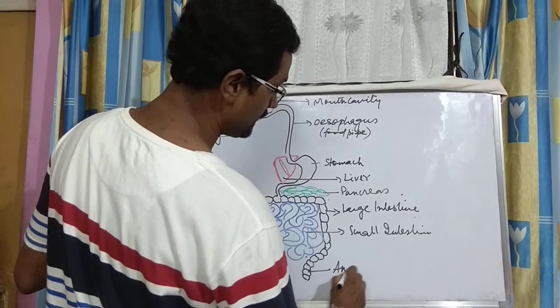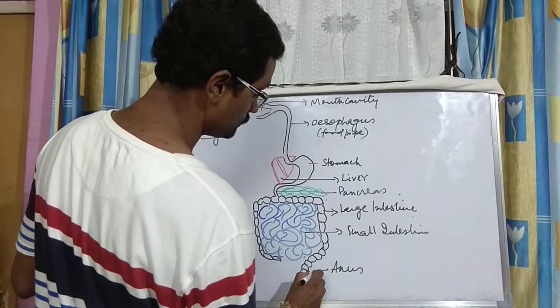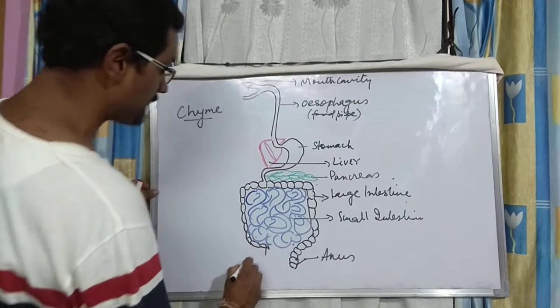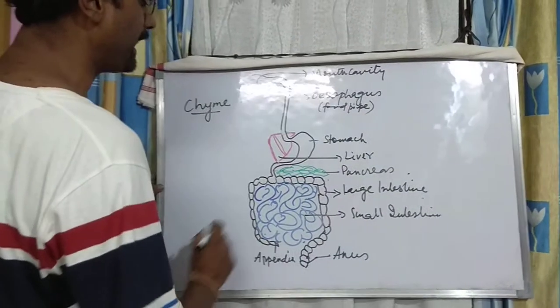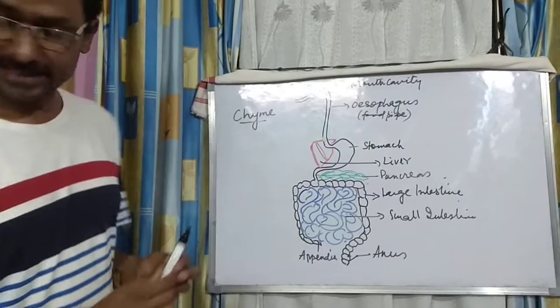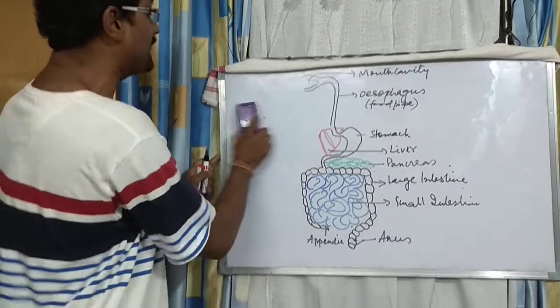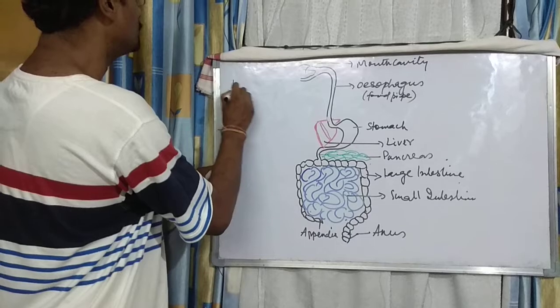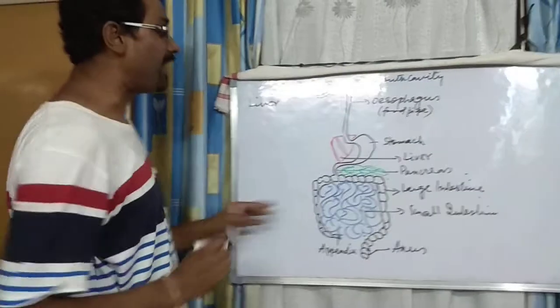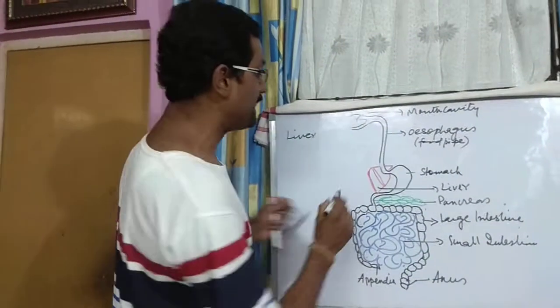Here is the anus. This is the appendix. Okay. Now, let's come to the most important thing here. It is the liver. This is the liver. Can you get it? Here.